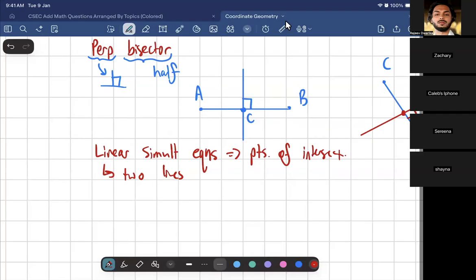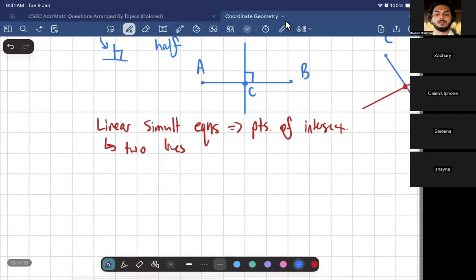Remember, so. All right. Well, the two main methods you could use when solving linear simultaneous equations are substitution or elimination. Now, in hard maths, it's preferred to use substitution. But if you have a pair of linear equations, you could do elimination or substitution.